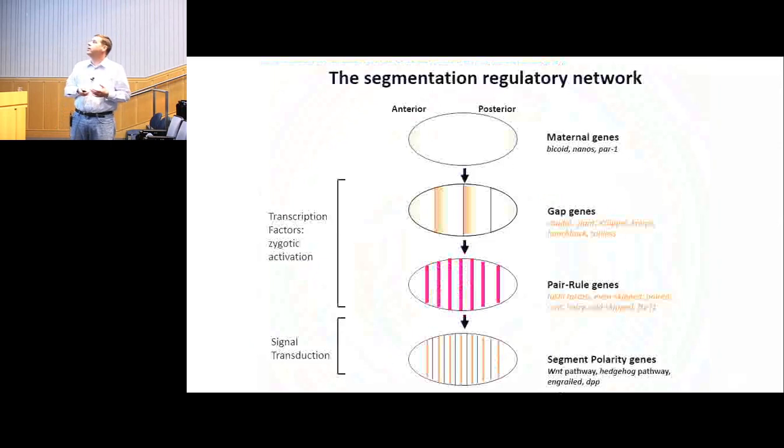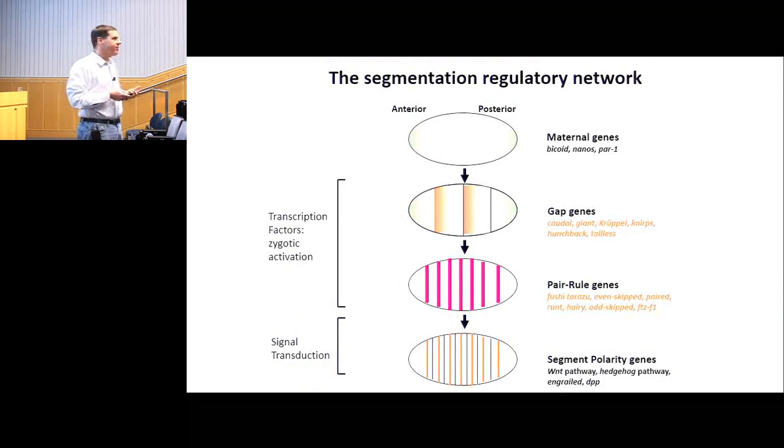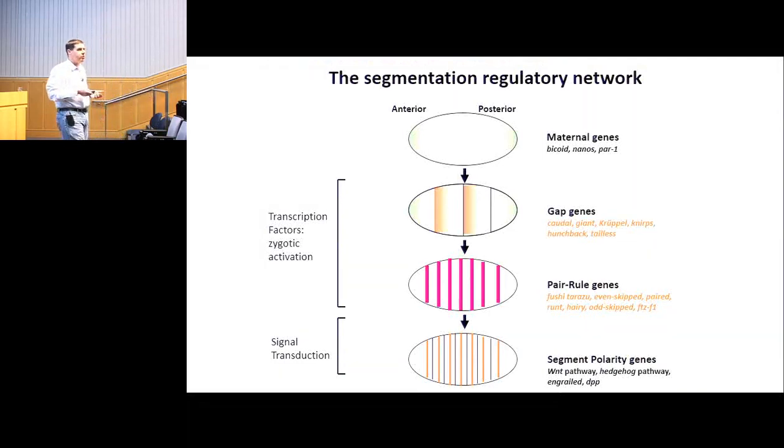And so, about 70% of the genes in the Drosophila genome are actually conserved in human. And many of the genes that are involved in early embryogenesis are actually important in human cancers. And so what we decided to do is study some genes in the segmentation regulatory network, which has been heavily studied.